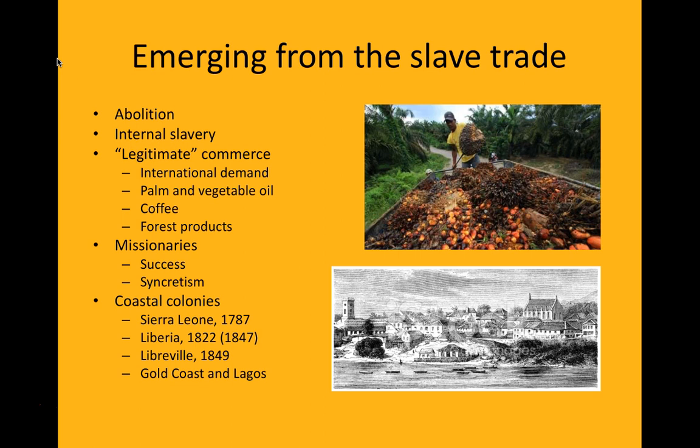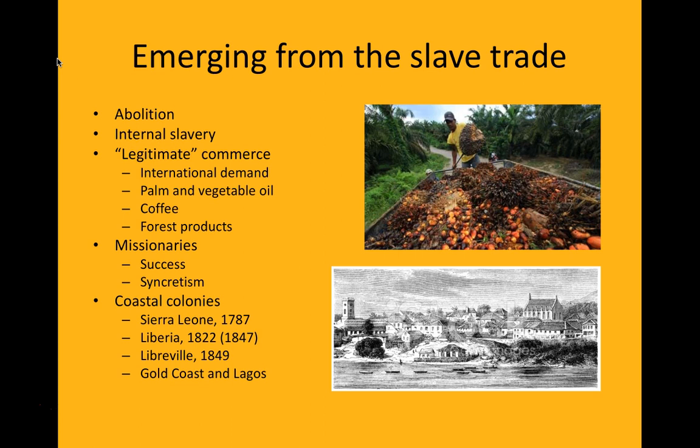Europeans also, and this is part of the abolition movement, it's kind of an outgrowth of abolition, began to form colonies on the western coast of Africa, specifically to send freed slaves back to Africa.